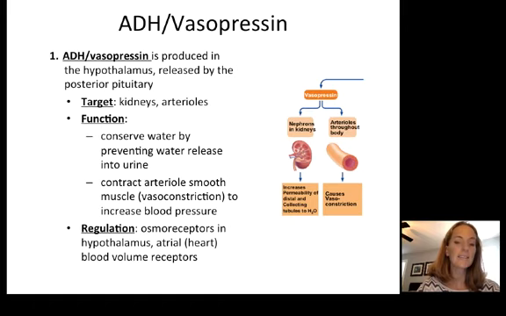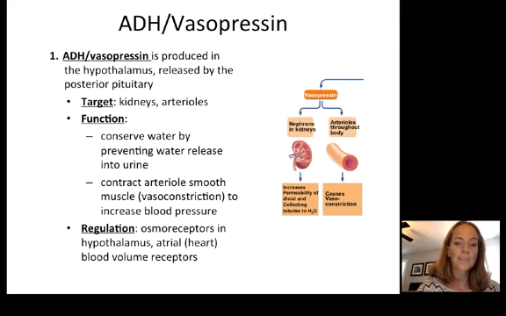When we get to the function of the kidneys and the specific structure of the kidneys and channels that are in the kidneys, we'll talk about how it does that. For now, I want you guys to know that it conserves water by keeping water in the body and preventing water release in the urine. So it's an anti-diuretic.